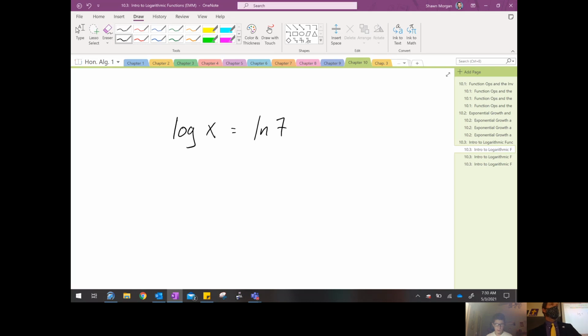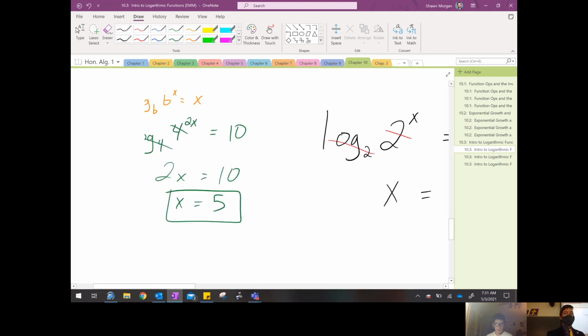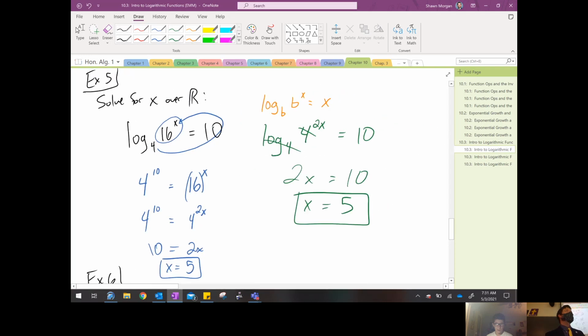However, trying to get x by itself, yeah, I could do the can you see it approach, right? But in this case, I want to illustrate the inverse property of logarithms in a bit of a different form. Earlier, I wrote log base b of b to the x equals x.